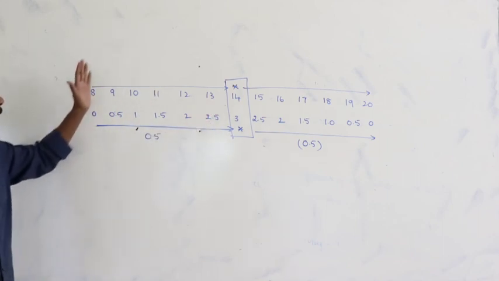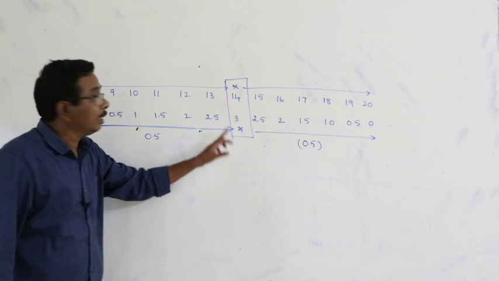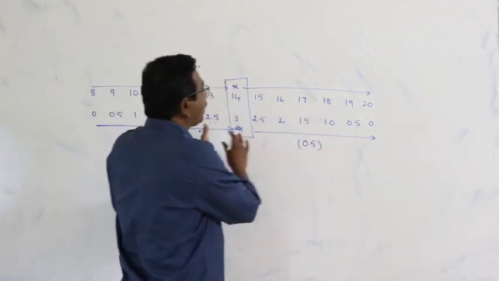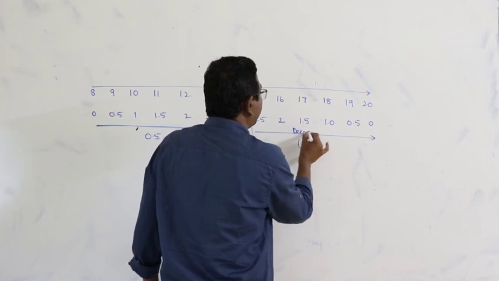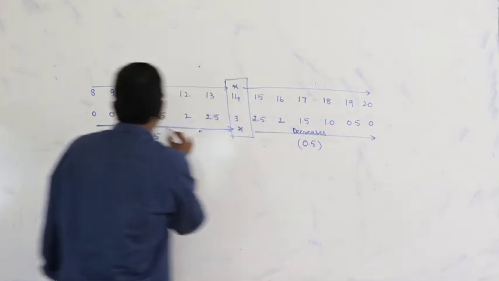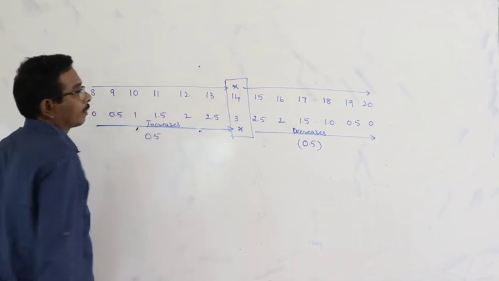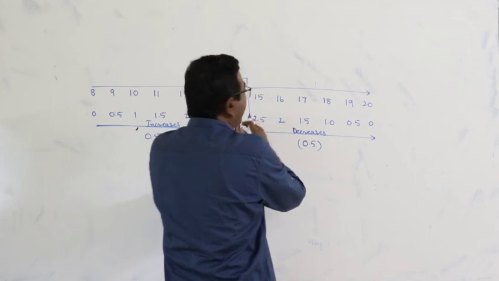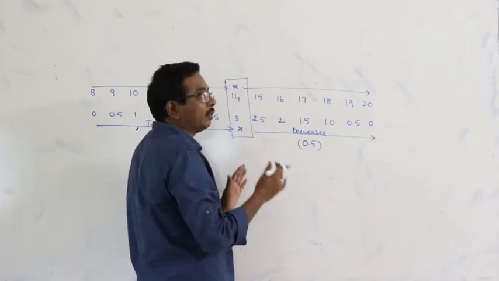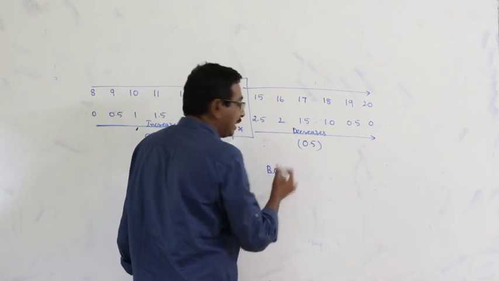From 8 to 14, the bond order increases from 0 to 3. From 14 to 20, it decreases from 3 to 0. And beyond this, for any species, we can calculate the bond order by using a trick.